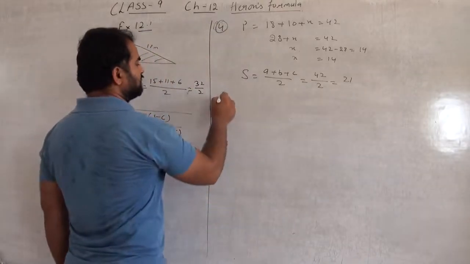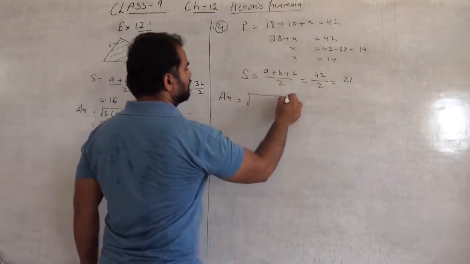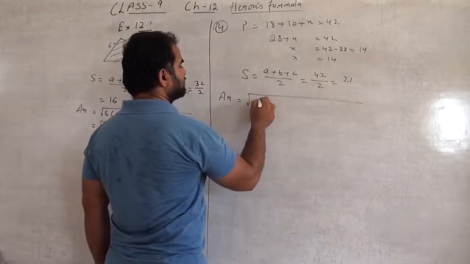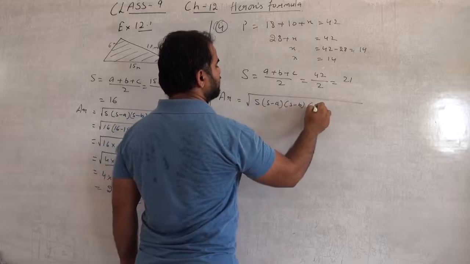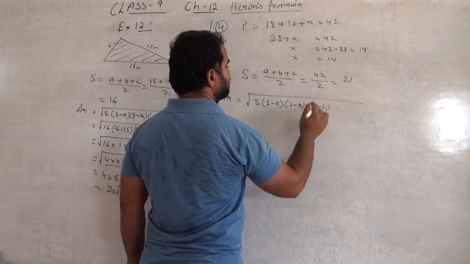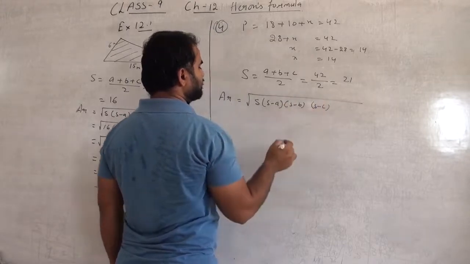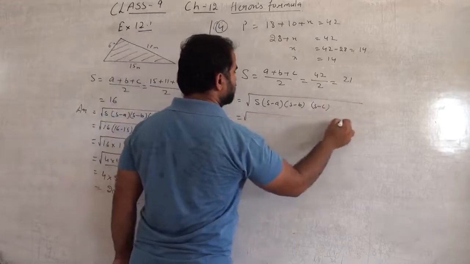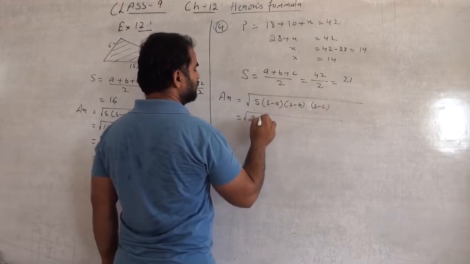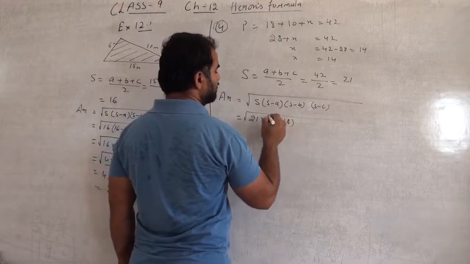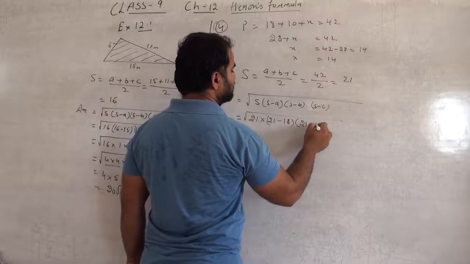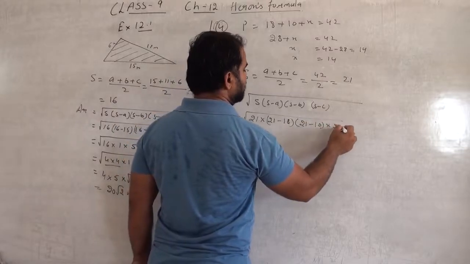Then area equals to root of S minus A, S minus B, S minus C. Done? Equals to root 21 into 21 minus 18, 21 minus 10, into 21 minus 14.